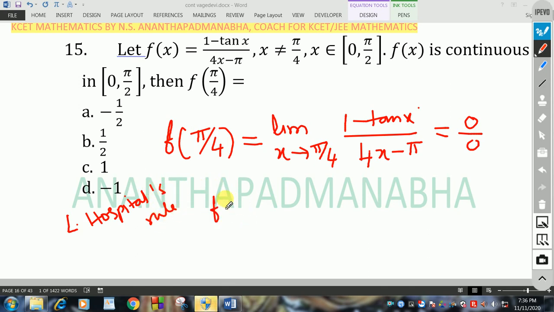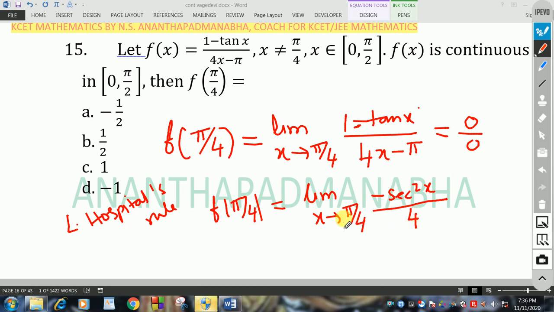So f of pi by 4 is equal to limit as x tends to pi by 4 of, derivative of 1 minus tan x, that is minus secant square x. When you differentiate tan x, you will get secant square x, and I have a minus sign here. Derivative of 1 is 0. In the denominator, I will get 4.